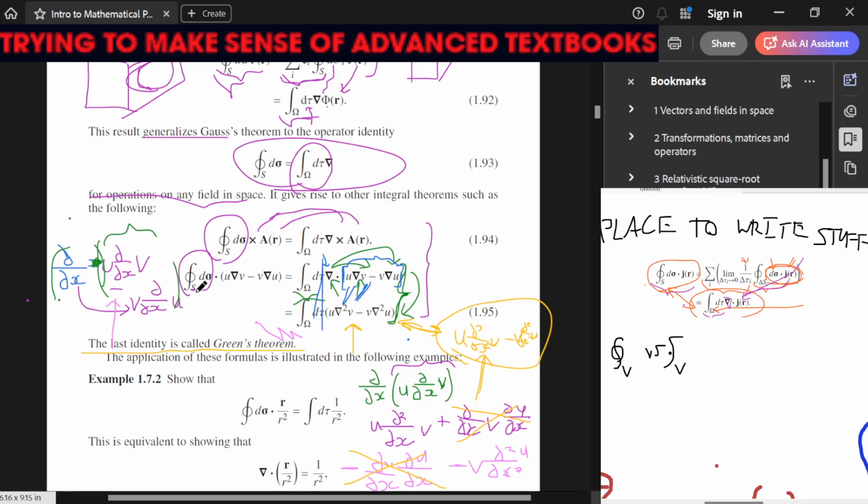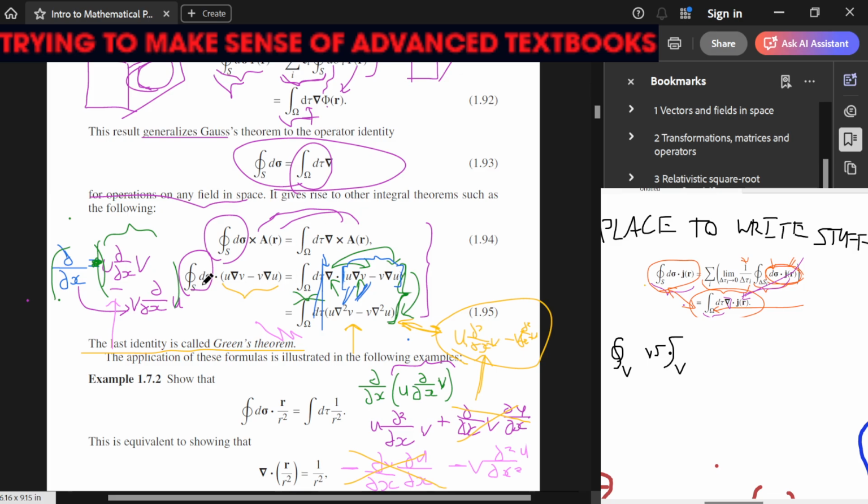Okay. So Green's theorem is, oh my god, what does this even mean?